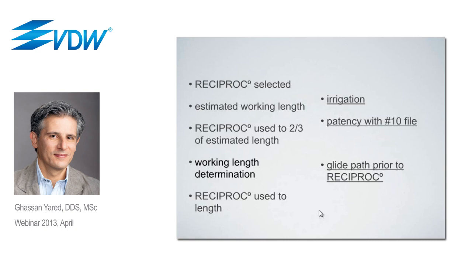And this is very important because with the reciproc instrument, we obtain the straight line access that is needed to allow the instrument to progress in the canal. We do not over-prepare the canal in the coronal third to obtain this straight line access. And this is very important as far as the prevention of vertical root fractures is concerned. So it is a conservative way to obtain a straight line access.